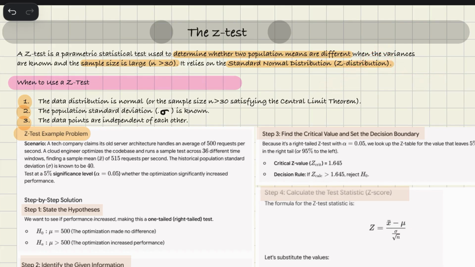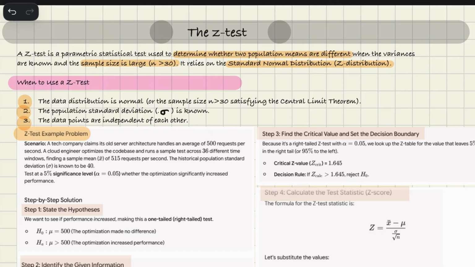We use the Z-test to compare a sample mean against the known population mean, to see if there is a statistically significant difference.